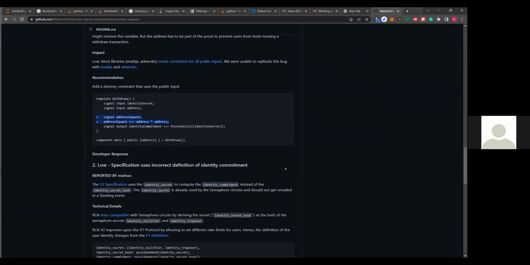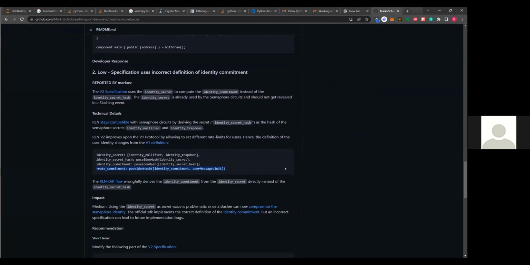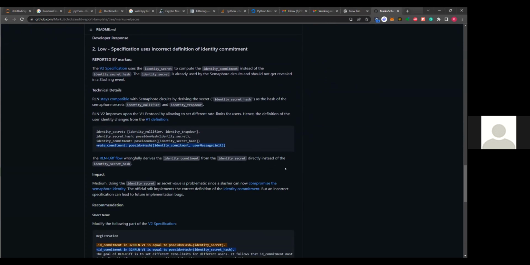The second issue I found was that the V2 specification might not be consistent with the V1 specification. In the V2 specification, they use the identity secret directly to compute the identity commitment, and they don't use the identity secret hash, which is how it was done in the V1 specification.